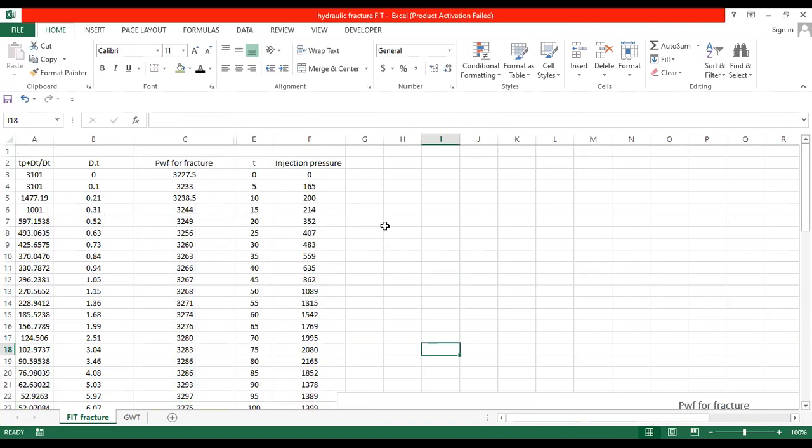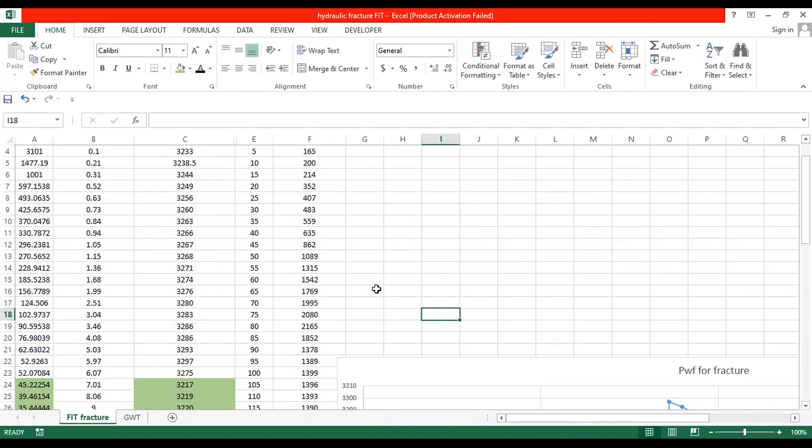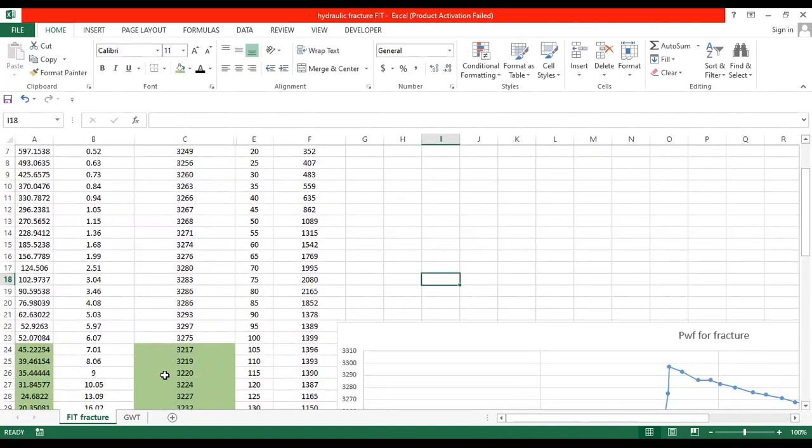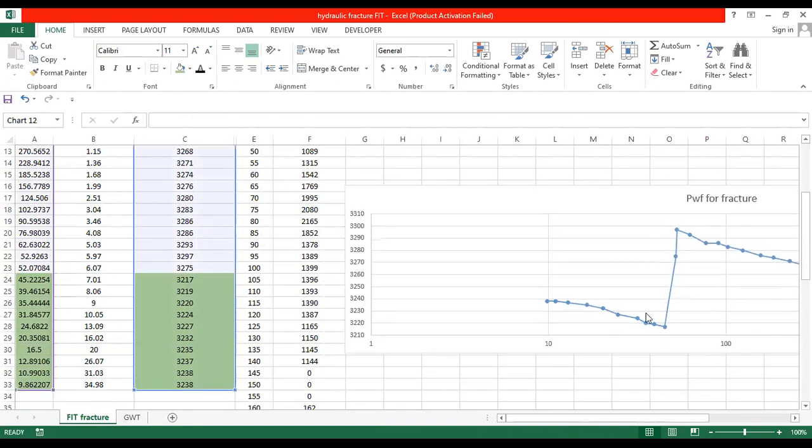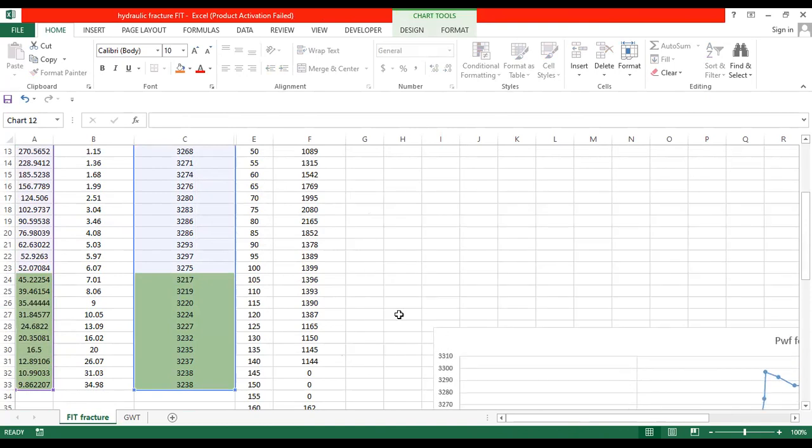So for the green shaded area, we're going to estimate the slope. These points correspond to the line which started from here and which has ended here. So we are going to estimate the slope of this straight line.